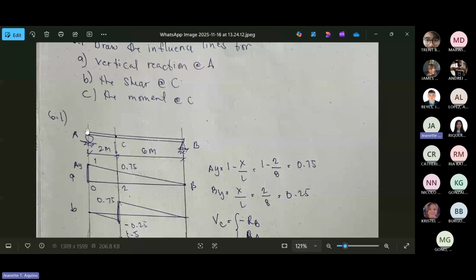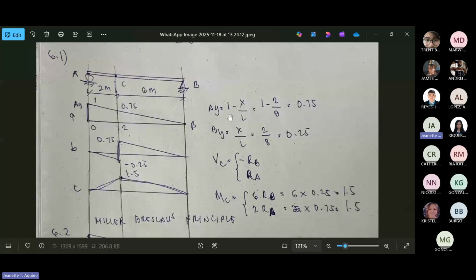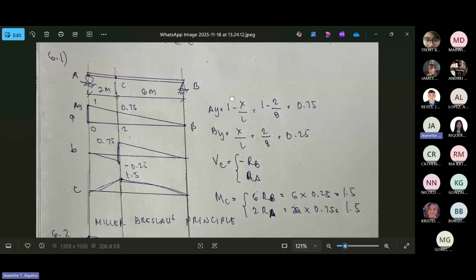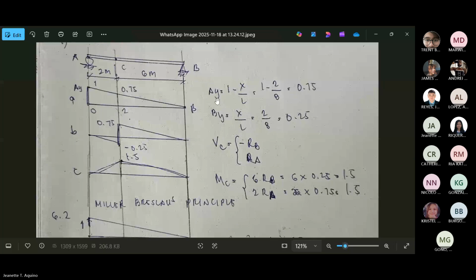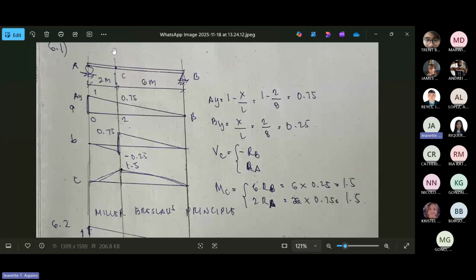And the total length is 8 meters. First, I solved this using the influence line equation. If you put the load at a distance x, I'm sorry, I wasn't able to put it in the PowerPoint, but you can see the hand of my mouse.